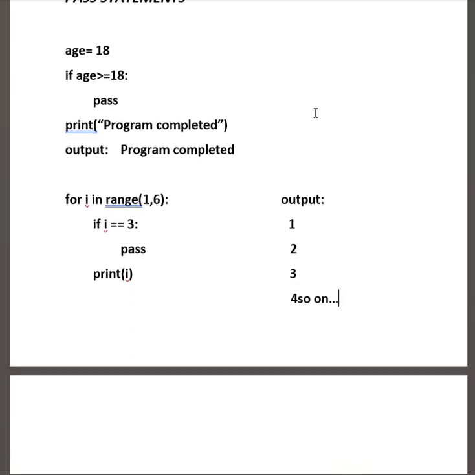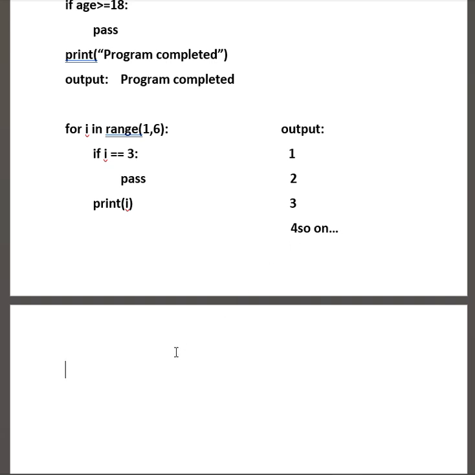Okay. The way I'm going to remember now is with keywords. Break is equal to stop. We need to stop. Next, continue is equal to skip that iteration and move on to the next iteration.